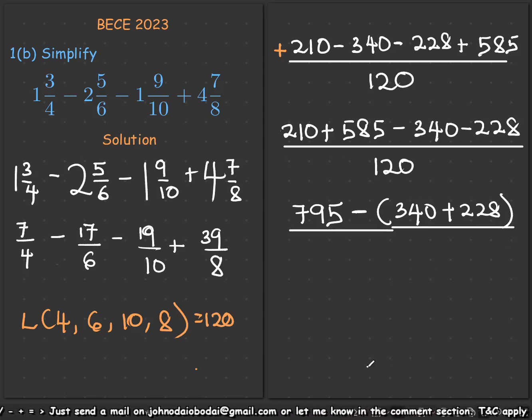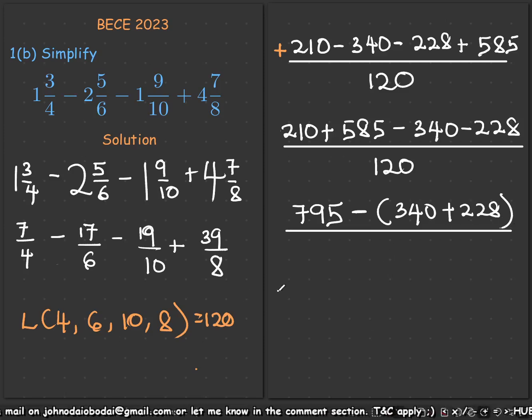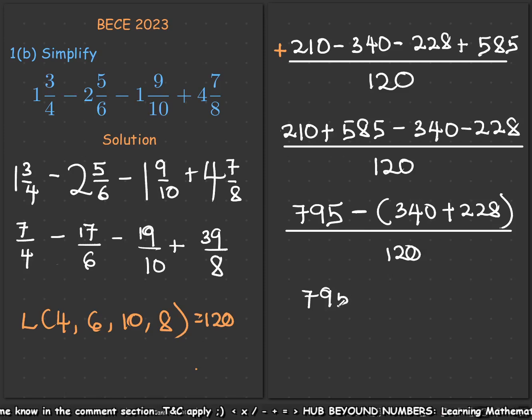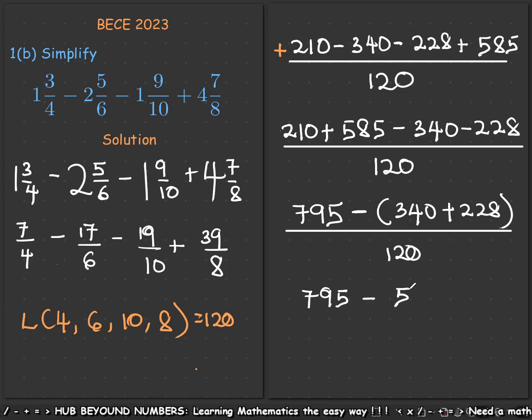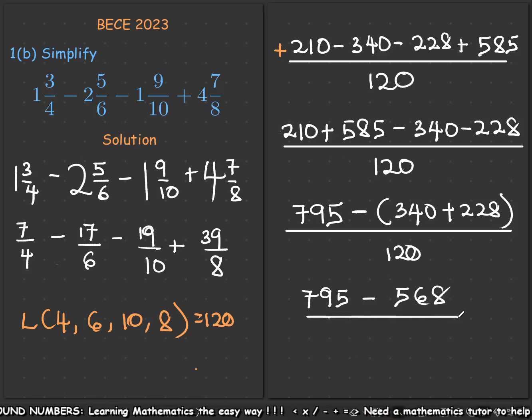So with the negative out, we are then adding these two numbers, and we are going to have 568. So 795 minus 568, all over our 120.